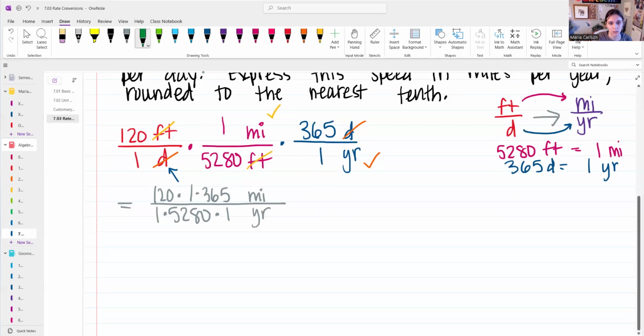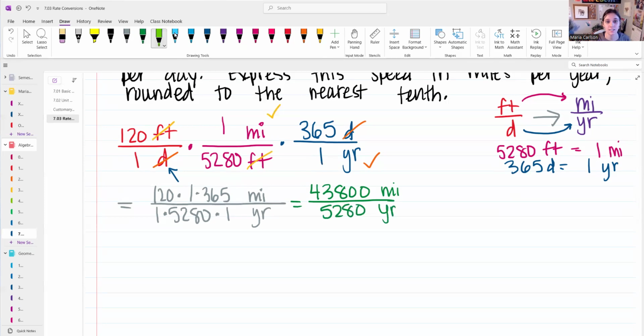Now, if you actually multiply in the numerator, 120 times 1 times 365 is 43,800 miles per 1 times anything is just that number itself. So 5,280 years. Now this is not simplified, of course. So now I need to actually divide, and I will put this in my calculator and divide.